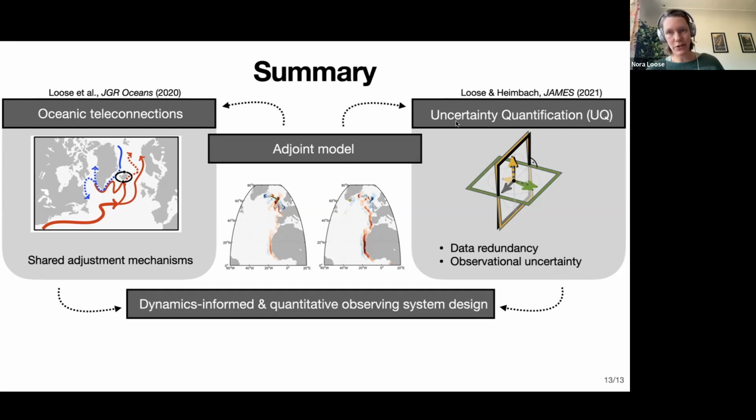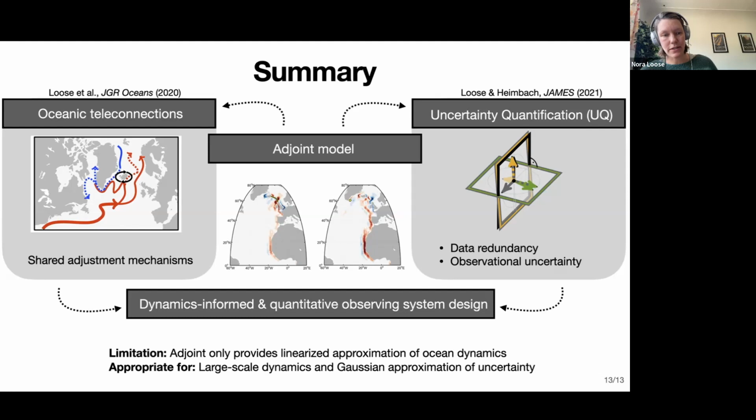The second interpretation is that they are the main ingredient into an uncertainty quantification framework within which we can assess data redundancy. So these two interpretations together give us a means for both dynamics-informed and quantitative observing system design.